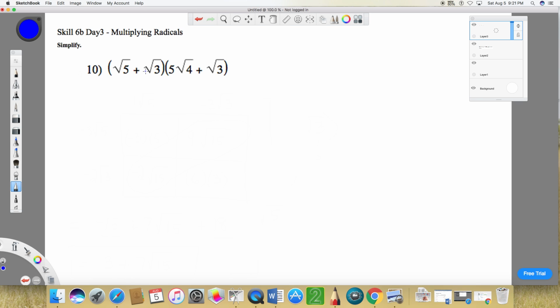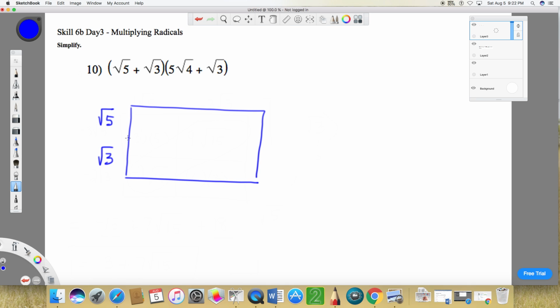We have a binomial times a binomial. We know that when we have multiplication and we have these parentheses and we have more than one term, the distributive property is important. And a nice organized way to apply this distributive property is in the form of a table. So we have these two terms along one side of the table.